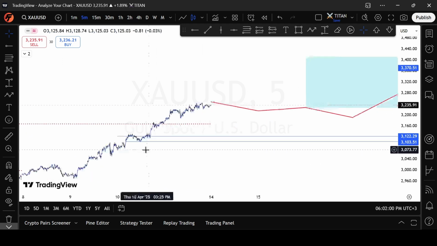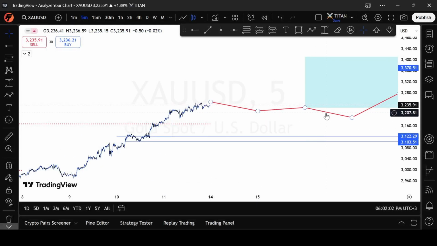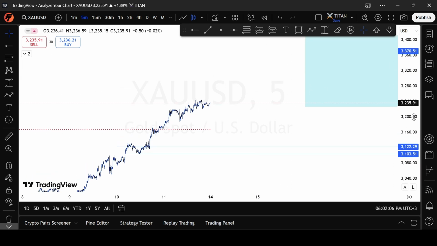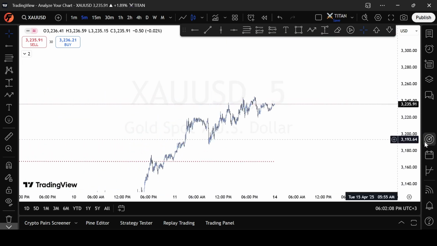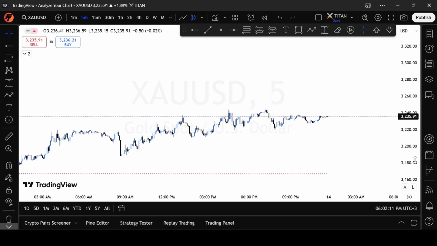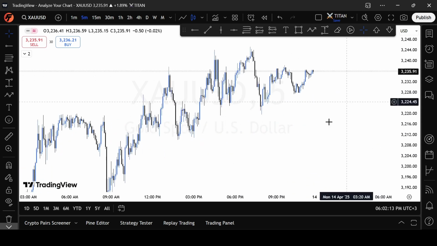a zone. Anyway, I expect to see a zone where price fails to shift to the downside.